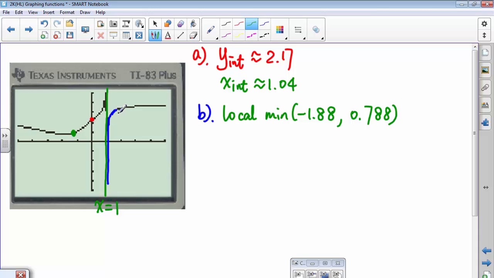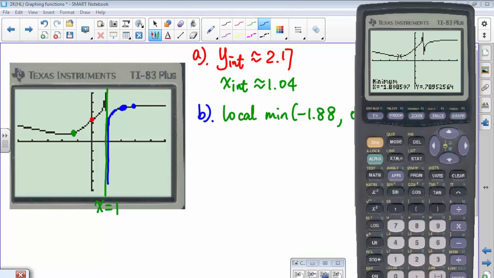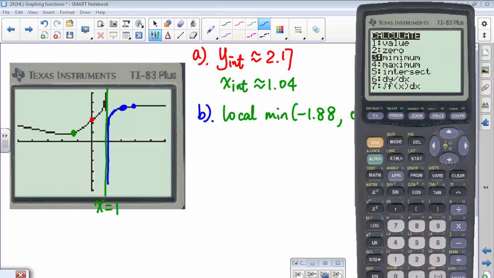And I found that this right part looks like there is a local maximum point. It's a peak, or maybe it's around here. Okay, so anyways, let's use the graphing calculator to help us. So it's second trace, go to maximum.